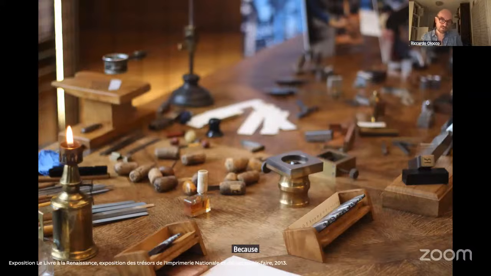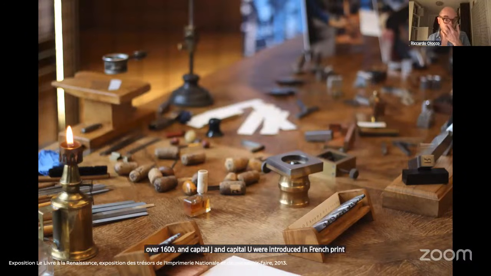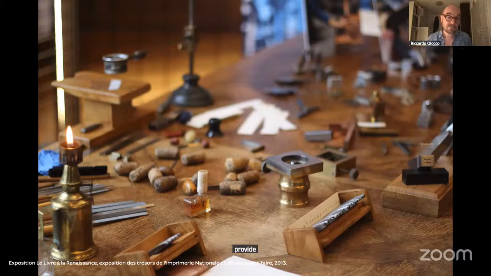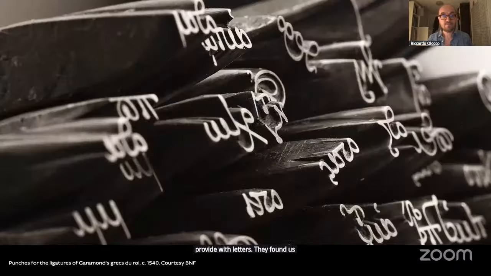Because during this period, during the second half of the 1600s, capital J and capital U were introduced in French printing, and so there was a need for punch cutters to provide these letters to the local type founders. Grandin had worked before on the Romain du Roi.